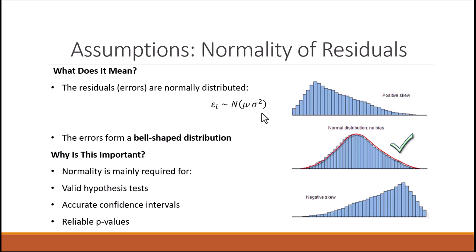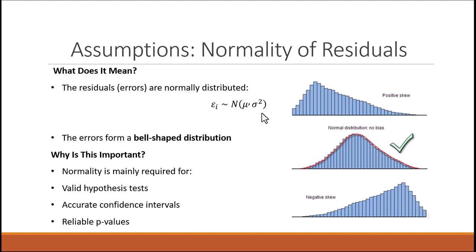Another important point is that you may ask how we can understand that our residuals are normal before developing the model. It's not like that: you can develop the linear regression model and then test the residuals.